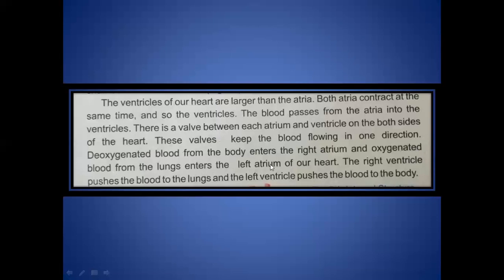So oxygenated blood enters into the left atrium and deoxygenated blood enters into the right atrium. The right ventricle pushes the blood to the lungs and the left ventricle pushes the blood to the body. The detail will be in the next slide.